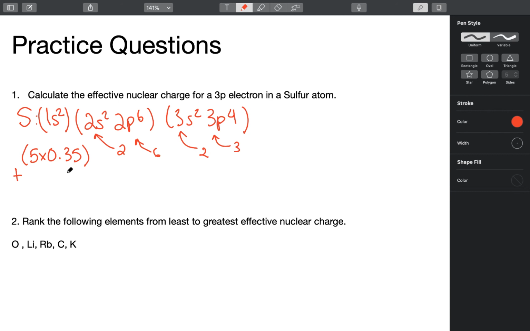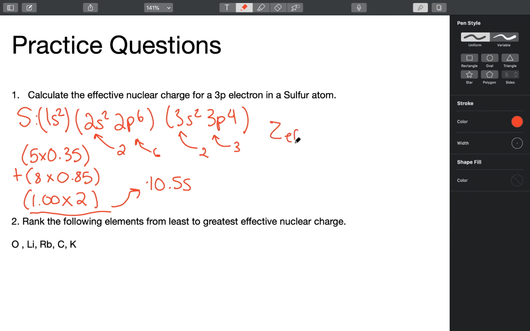So this is equal to 8 times 0.85. And then the last bit is the n-2 rule, which states that 1.00 times 2. So that's because we have 2 from this group. And then when you add all of this together, you should get something around 10.55.